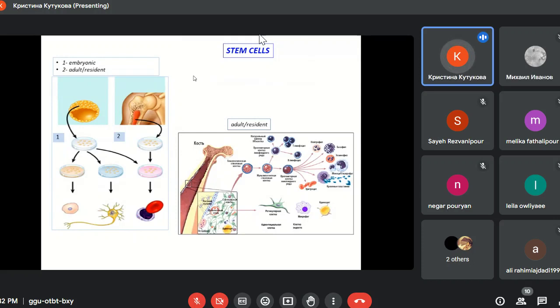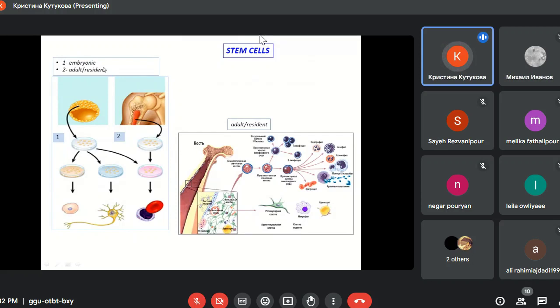For example, the hematopoietic stem cell, which is located in our red bone marrow in bones, can give rise to any cell of our blood. So this hematopoietic stem cell is pluripotent, and such a stem cell, located in the adult body, is called an adult or resident stem cell.